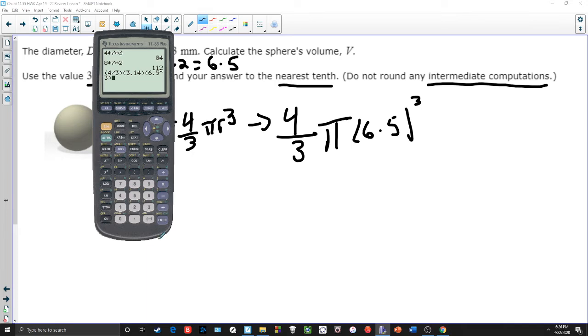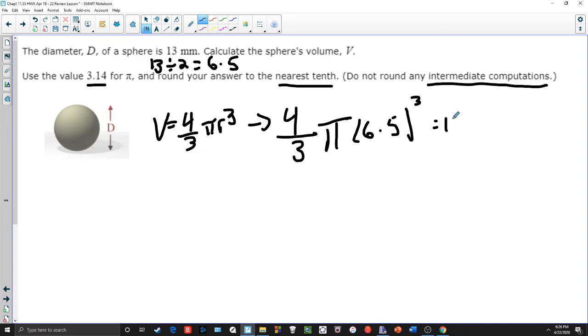And make sure you read the directions, because if you put a pi in here, that means your final rounded answer is going to be slightly off, and Alex is going to tell you you're wrong, and then you have to go back and redo the whole thing. So make sure you read the directions to know whether you use pi or 3.14, because they are picky about that. Round to the nearest tenth means 1 decimal spot, so 1149 point, 6 rounds to 7, up to an 8, so 1149.8.